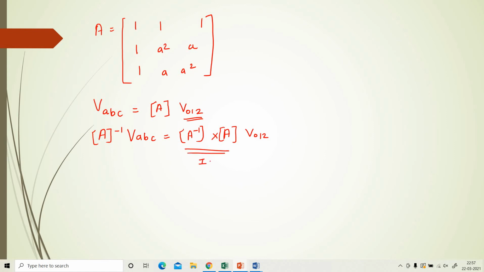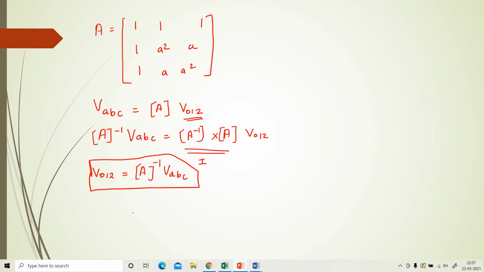That is the identity matrix I. So V012 equal to A inverse into VABC. So this is the equation which is used to find out the symmetrical components in relation with unbalanced voltage.